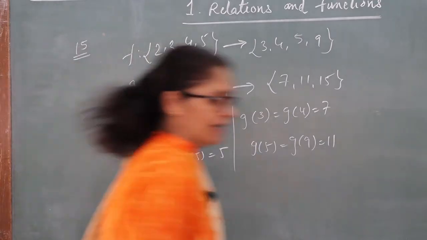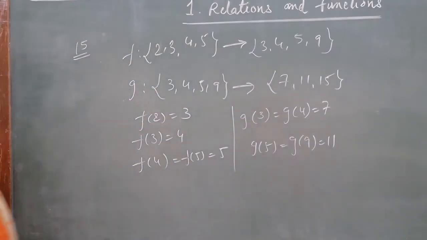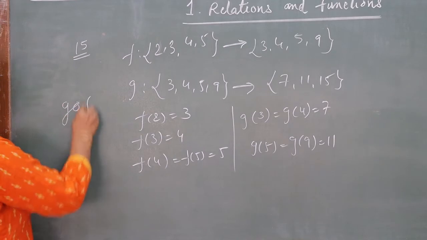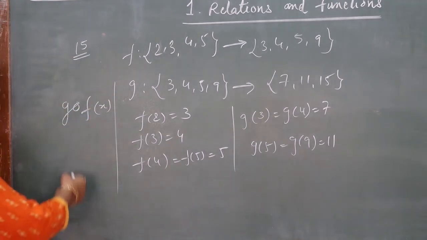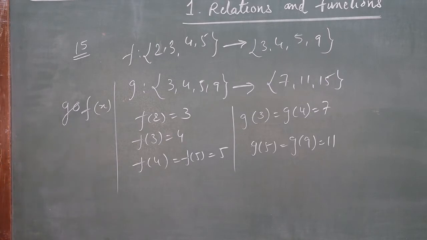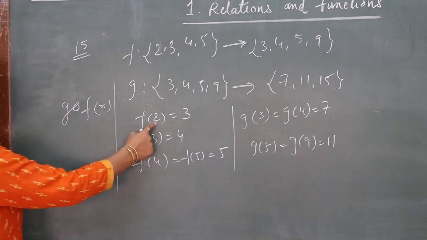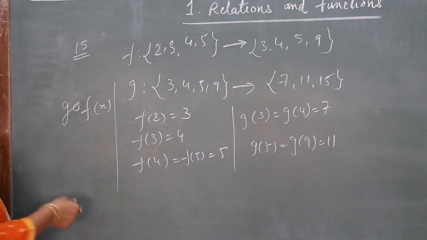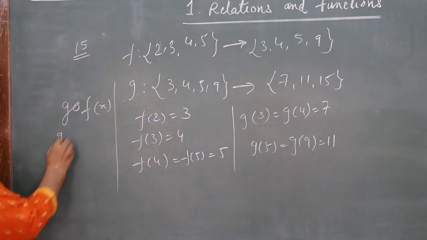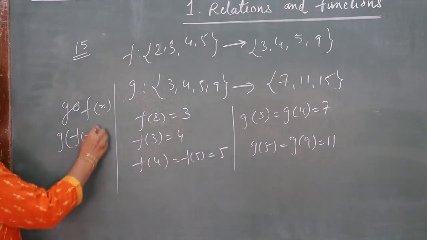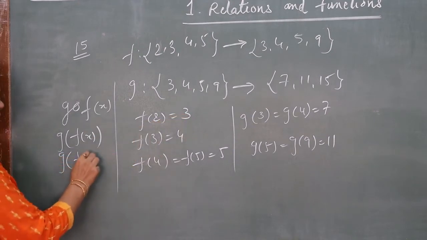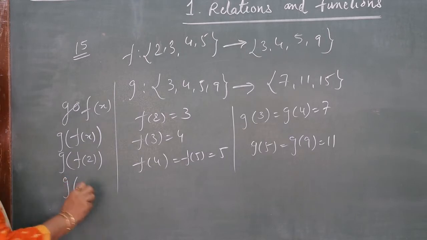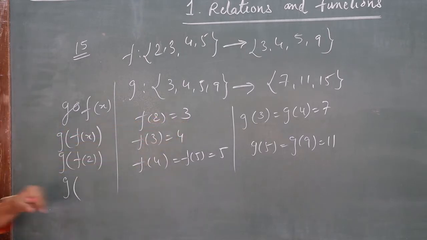Now you have to find g over f. When we are going to find g over f, what to do? We have to check f first. What is the f function? We start with the first number, 2. So g of f of 2, what is the meaning of it? f of 2 is 3, so we can write g of 3.